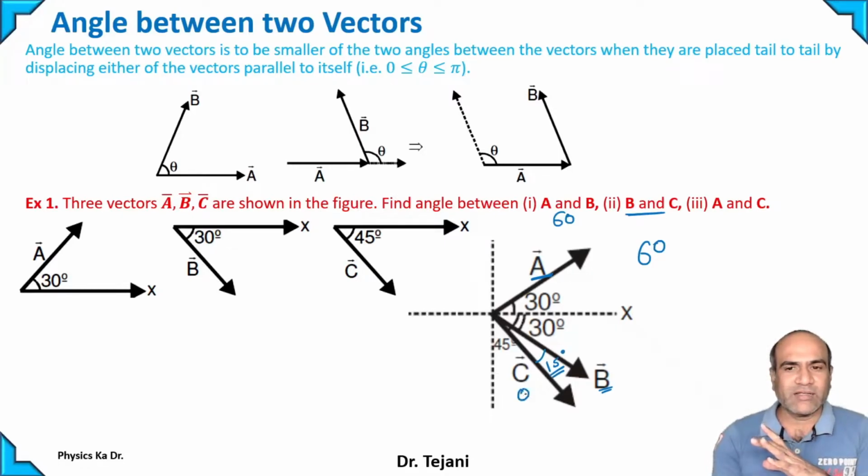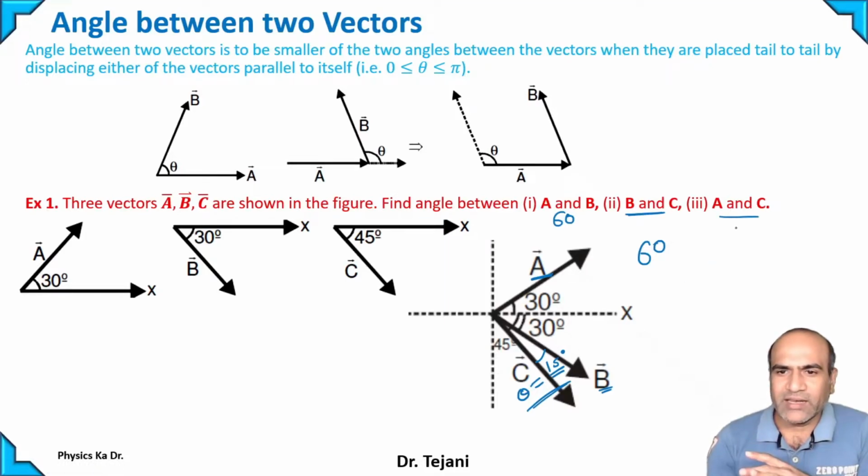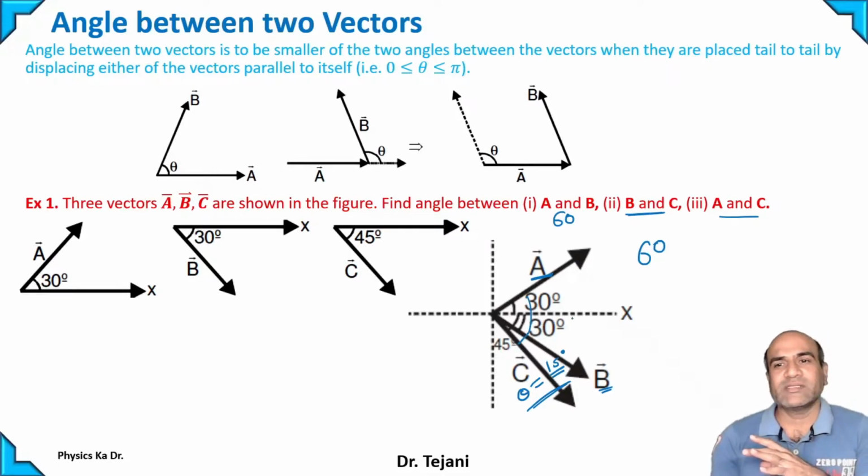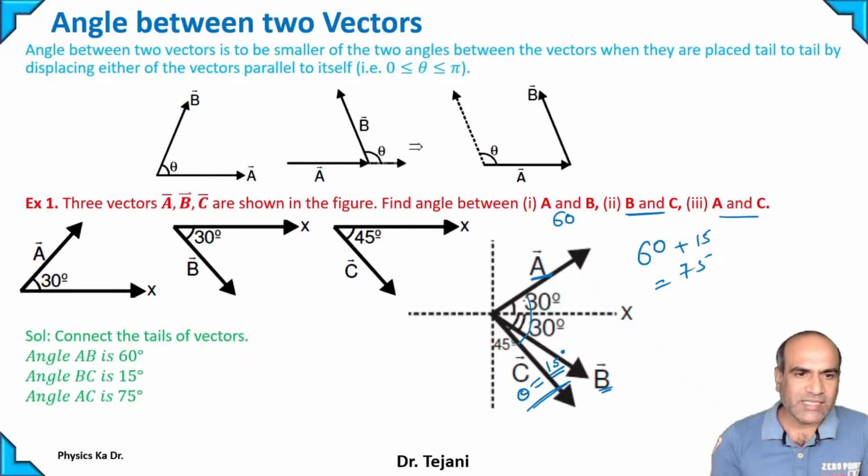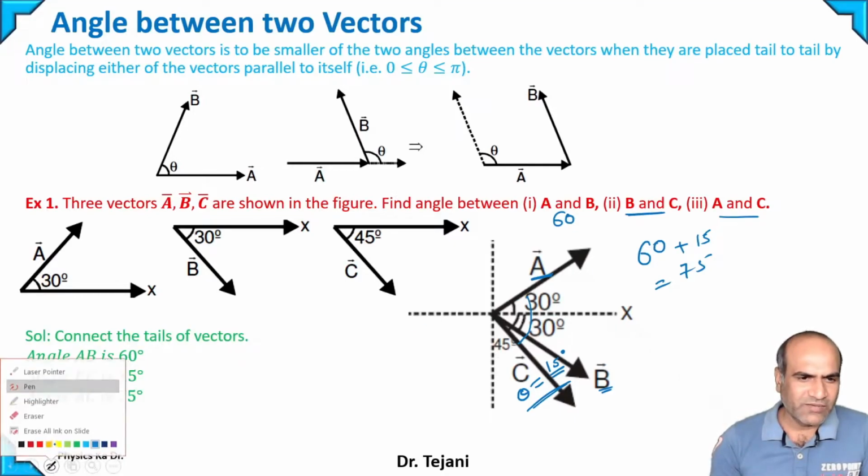We need to consider the smaller angle, right? By default, we take the smaller angle, but here there is a rule. And A to C is 30 plus 30 plus 15, that becomes 75, right? 75. So these are our answers.